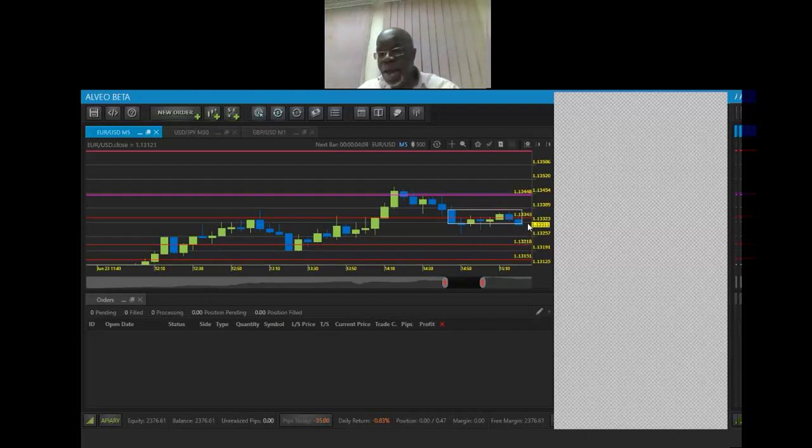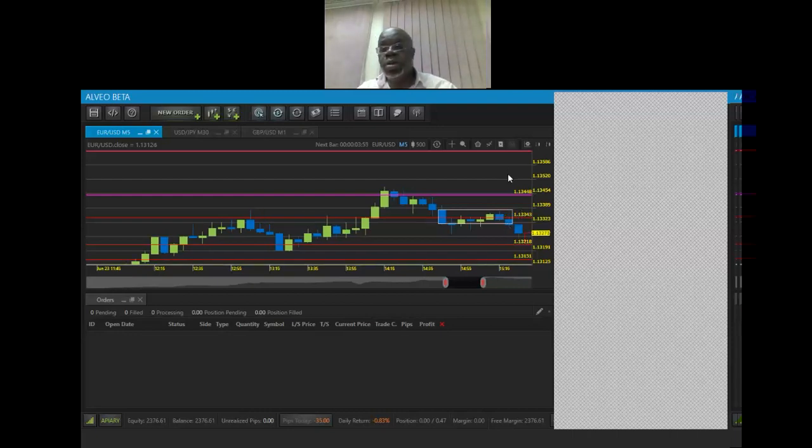But either way, as a strategy, right here, you can put pending orders up and pending orders down, which means as soon as it breaks here, it's going to go up or down. And either way, you're going to be in the trade. See, it's gone down.